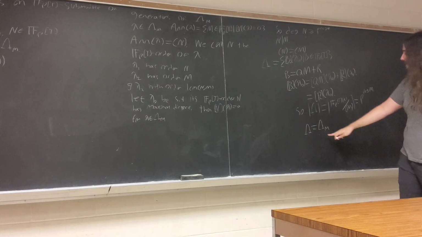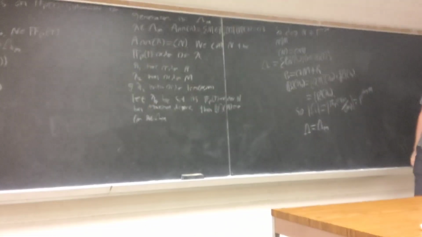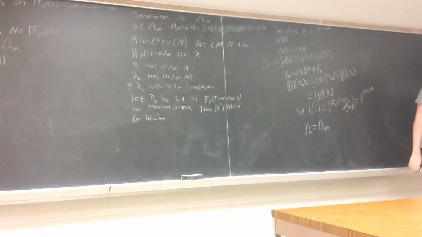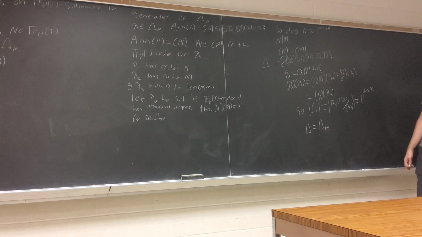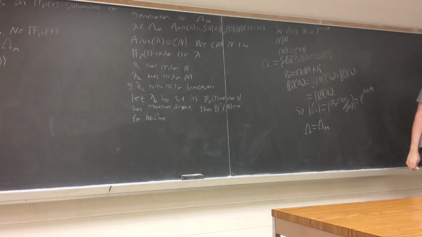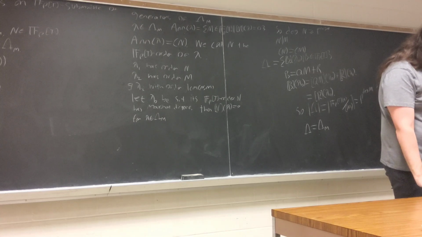So this is generated by this lambda 0, which is what we would want, to be able to find a generator similar to how we can find a generator for the groups of roots of unity. So yeah, I think now I'm out of time.